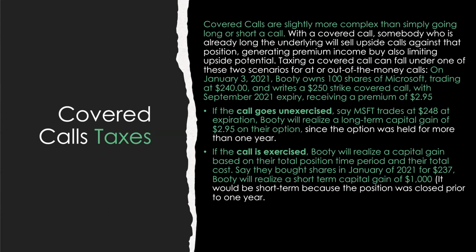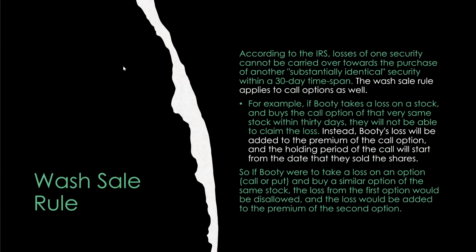If the call is exercised and you have to sell those shares, or you're the one purchasing shares, you're going to realize a capital gain on your total position because you're going to get the difference in the share price from your strike price, and you're going to get the short-term capital gain on that premium. So remember that anytime you sell a premium, that's automatically a short-term capital gain.